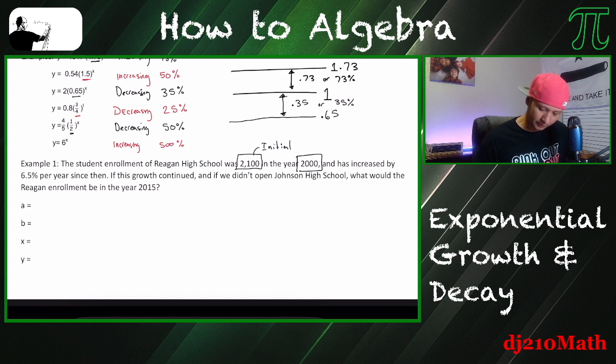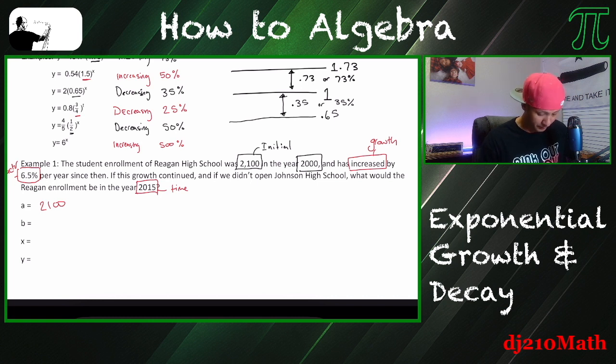It has increased. So this implies growth. So immediately I'm thinking that my growth factor is definitely bigger than 1. How much bigger than 1? Well, 6.5%. And we want to know what it's going to be in 2015. So this is the time. The initial amount is 2,100.